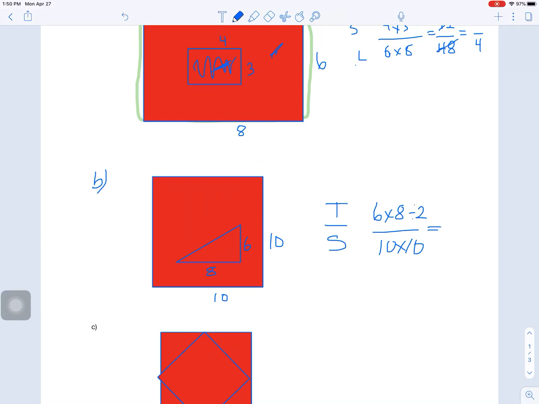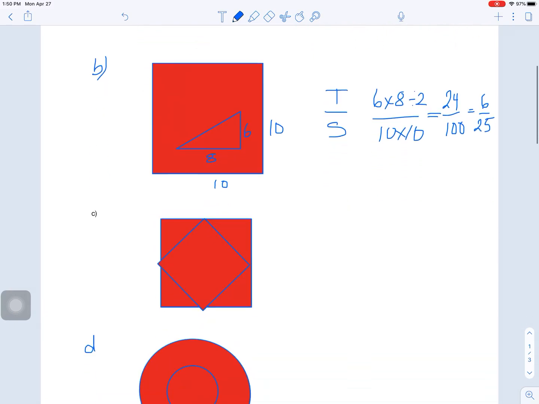So we get essentially 24 over 100. And we know we can divide that by 4, so it will get us a total of 6/25. And that gets us down to the smallest number for that probability.